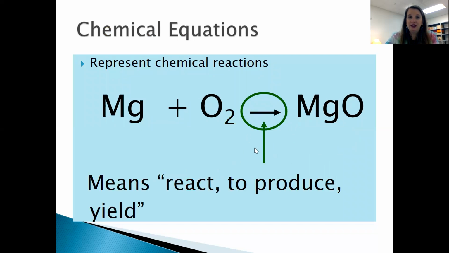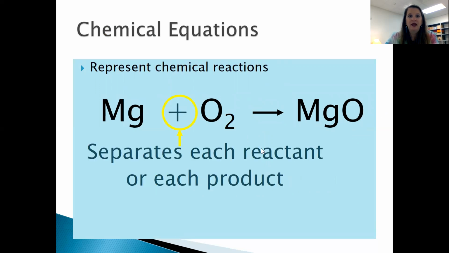The arrow is yielding. It's telling us what is being produced from that chemical reaction. So in this case, we're producing magnesium oxide. And the plus signs, like I said, are used to separate your reactants from each other or products from each other.